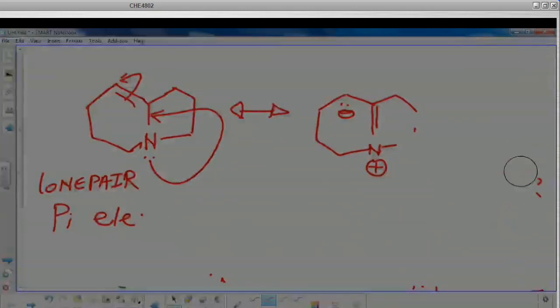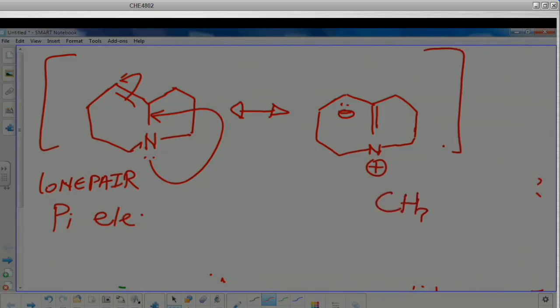But I want to come back to what I was drawing there. It's one of the exercises we had in your assignment. You needed to write something like this. For example, these are the resonance structures, and if you have CH3I, slightly negative, slightly positive on carbon, so this can attack them.